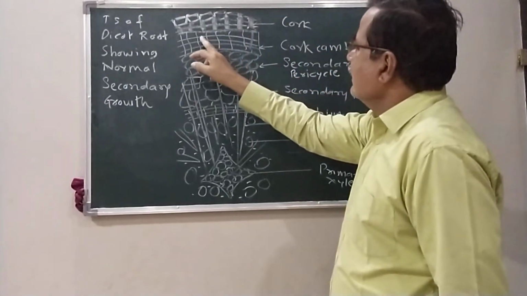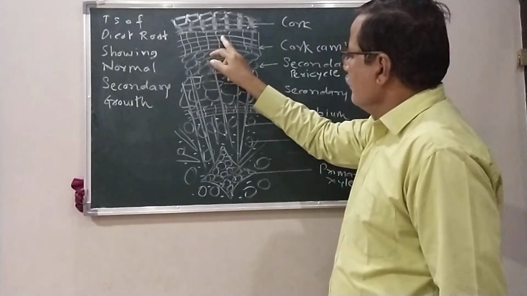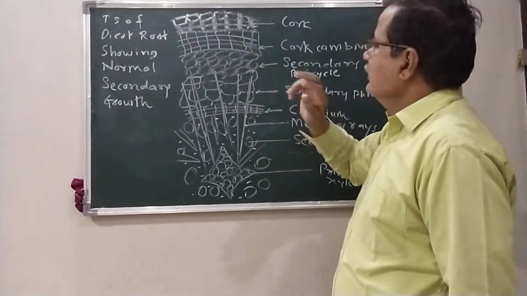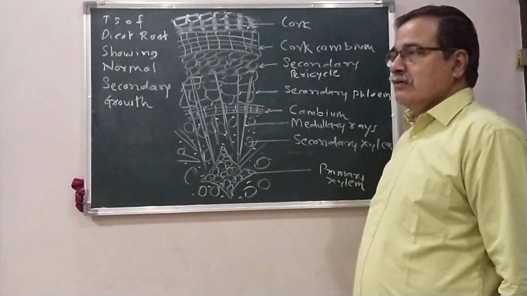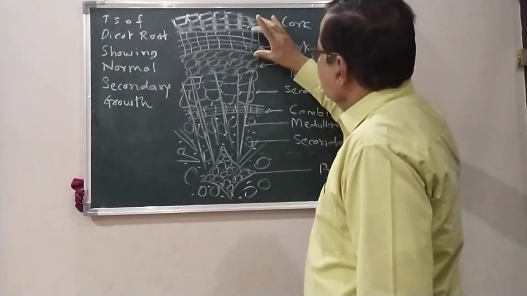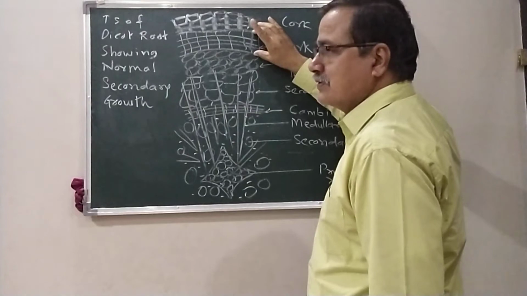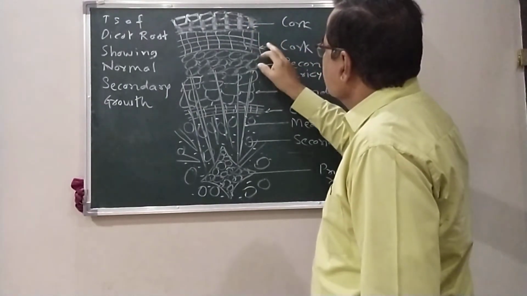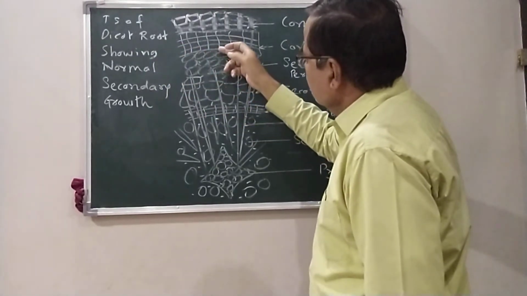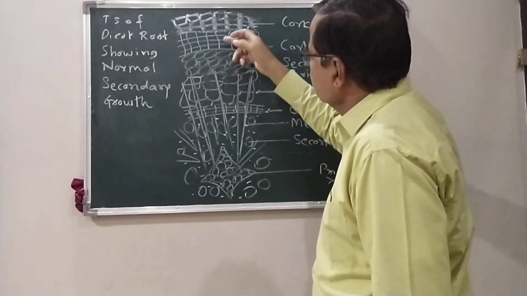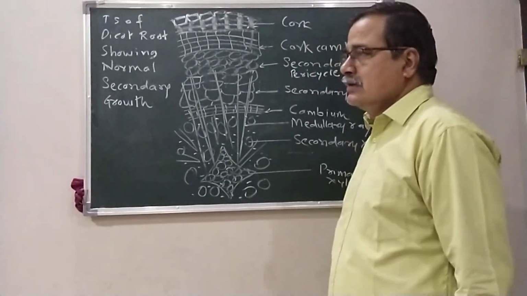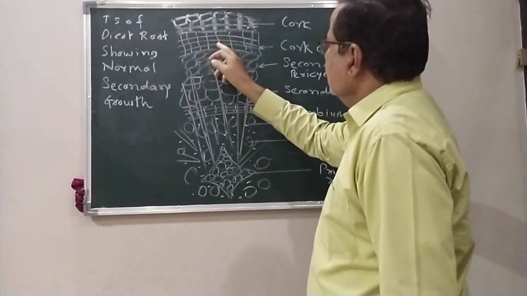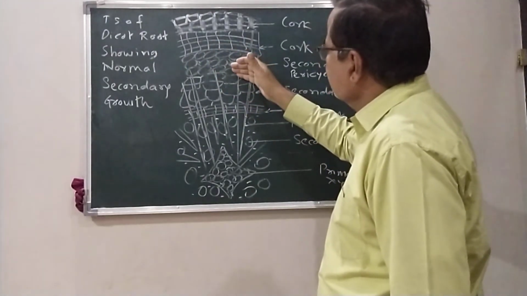The cells of the cambium are rectangular, brick-shaped, compactly arranged without intercellular spaces, thin-walled, with nucleus, dense cytoplasm, and vacuoles. This cambium, being meristematic tissue with the power of division, cuts off new cells towards the outer side and new cells towards the inner side.